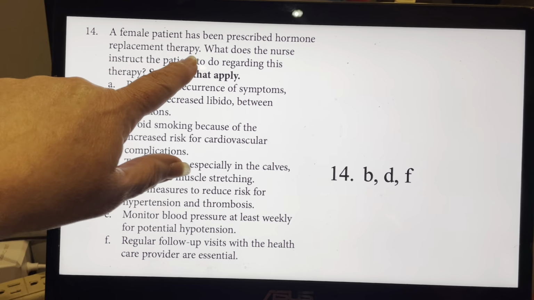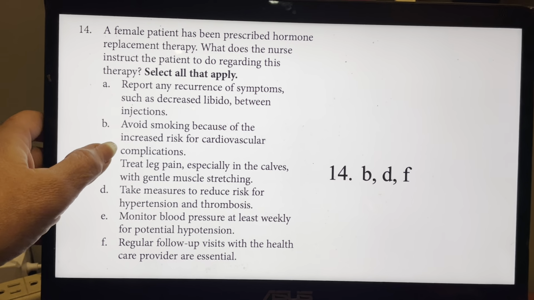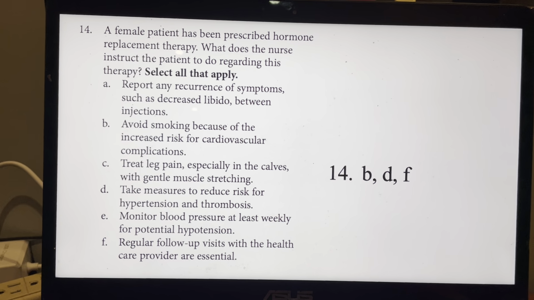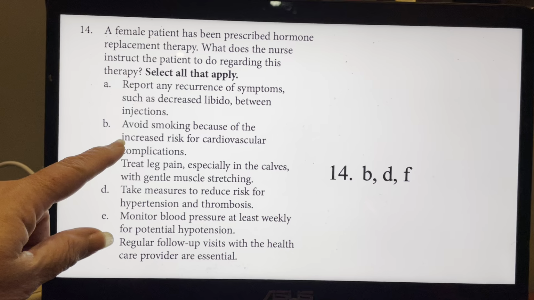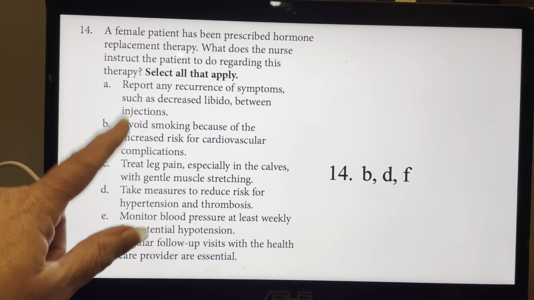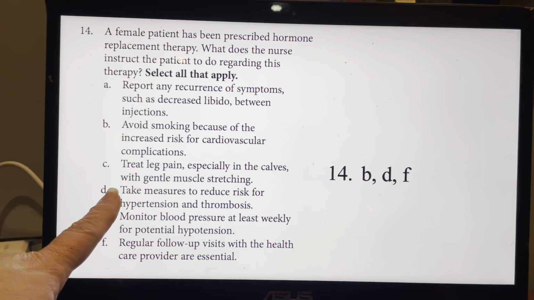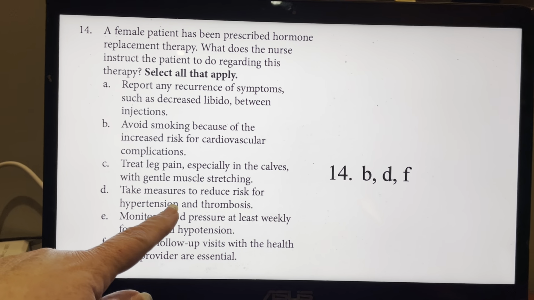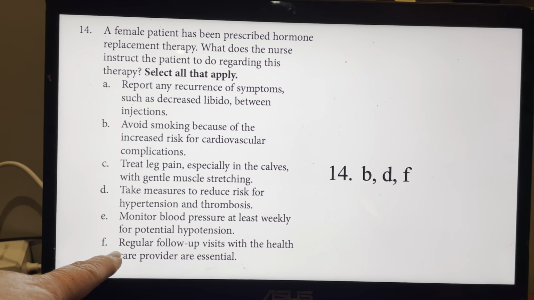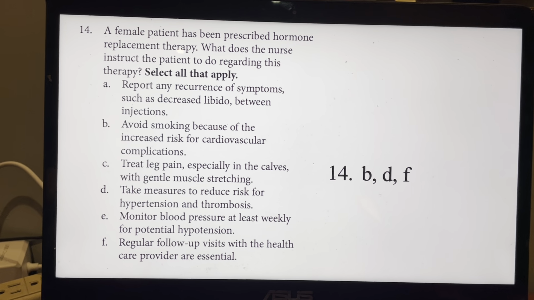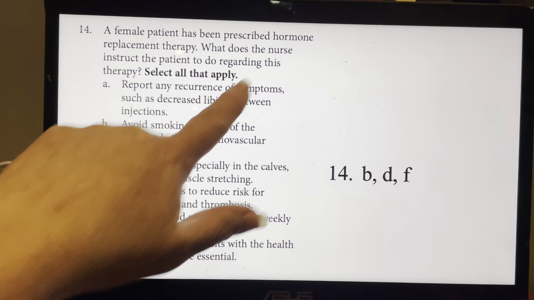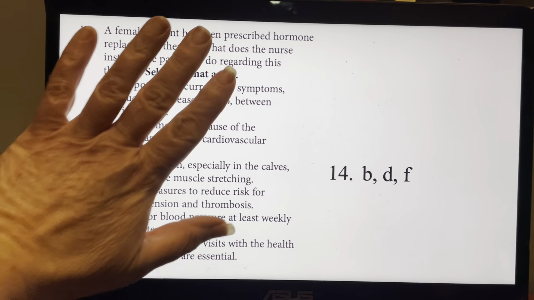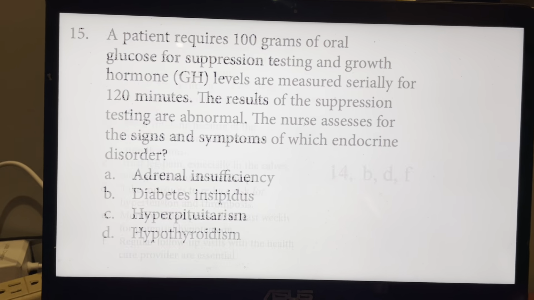Her ovaries are done and she's in menopause, which is not for sissies, I must say. If she gets on hormone replacement, smoking along with that will jack you up, potentially. Take measures to reduce the risk of hypertension and thrombosis. Regular follow-up visits with your healthcare provider are essential if you're on hormone replacement therapy. I'm not even going to read the other ones because they're wrong.